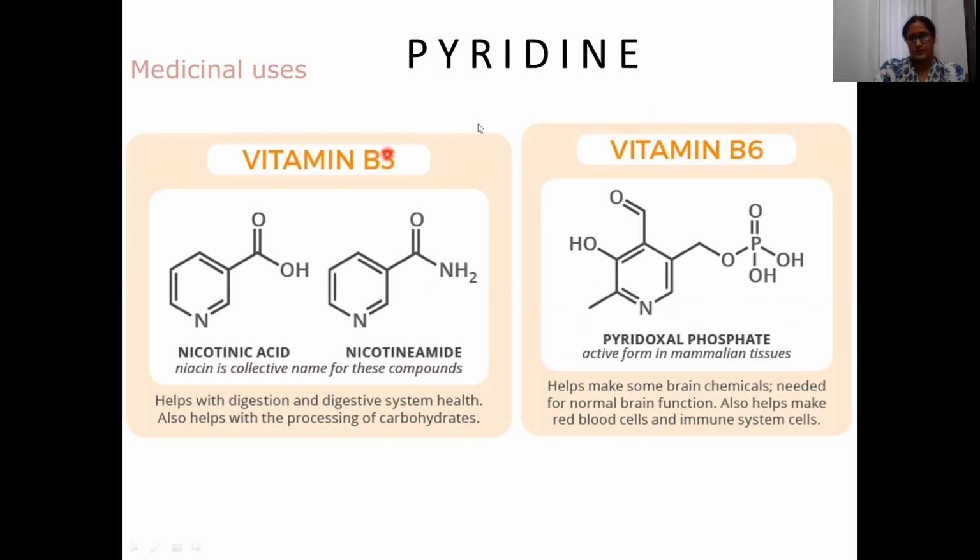Another use for pyridine is as a vitamin.